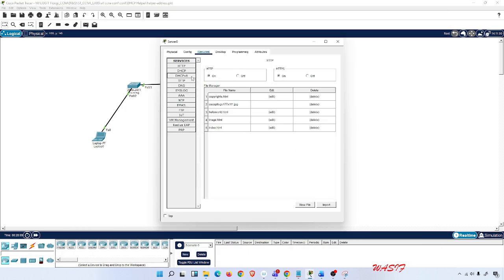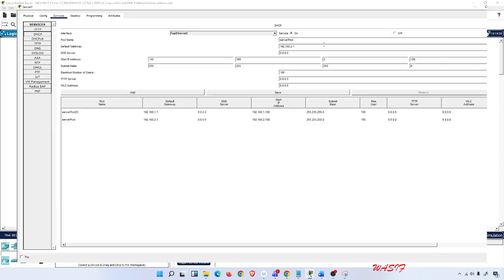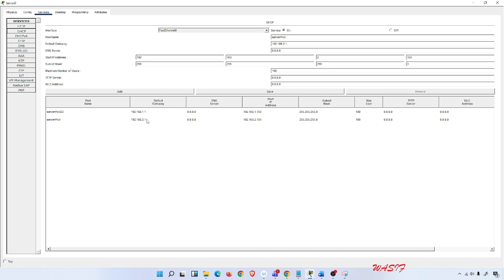If you come to the DHCP, you can see we are running two pools. Why are we running two pools? Very important. One pool is for network 1, another pool is for network 2: 192.168.2.1 and 1.1.